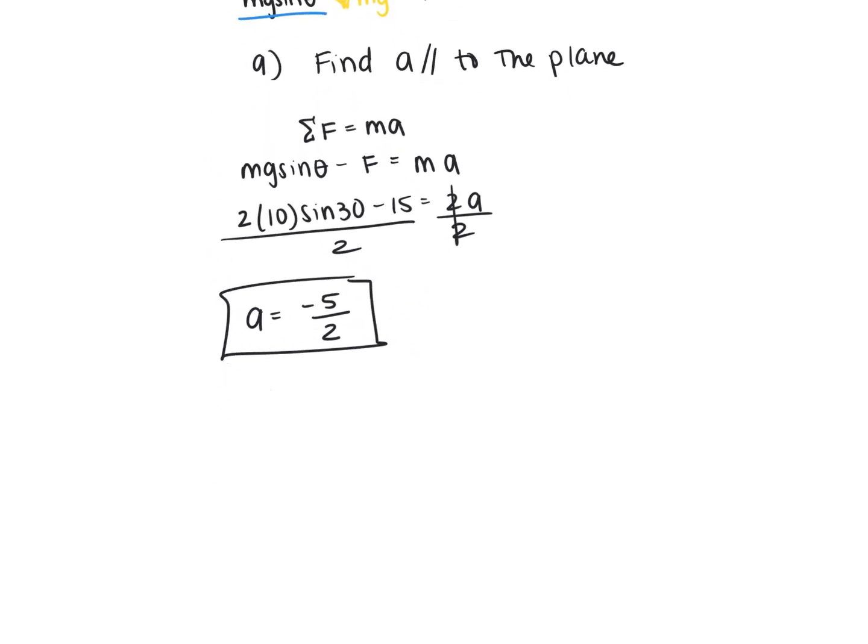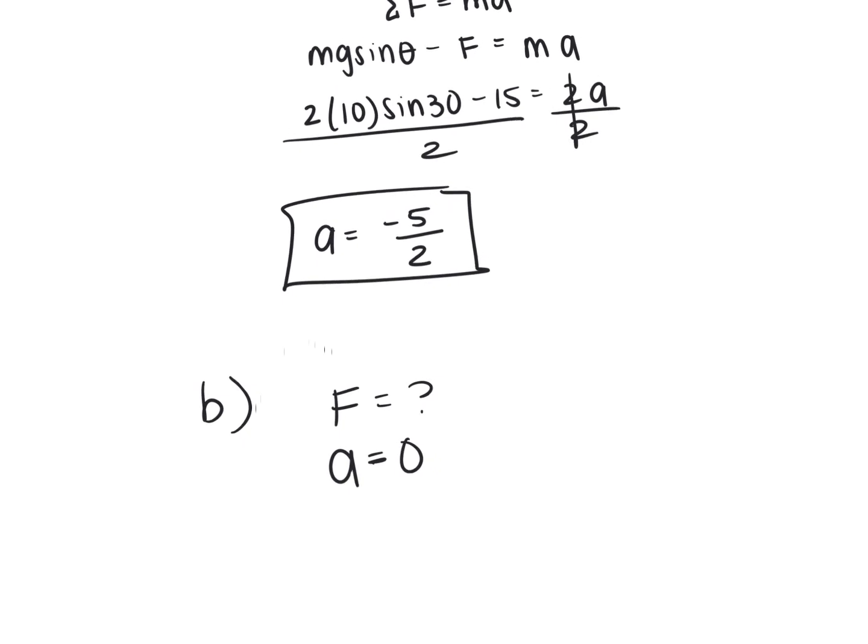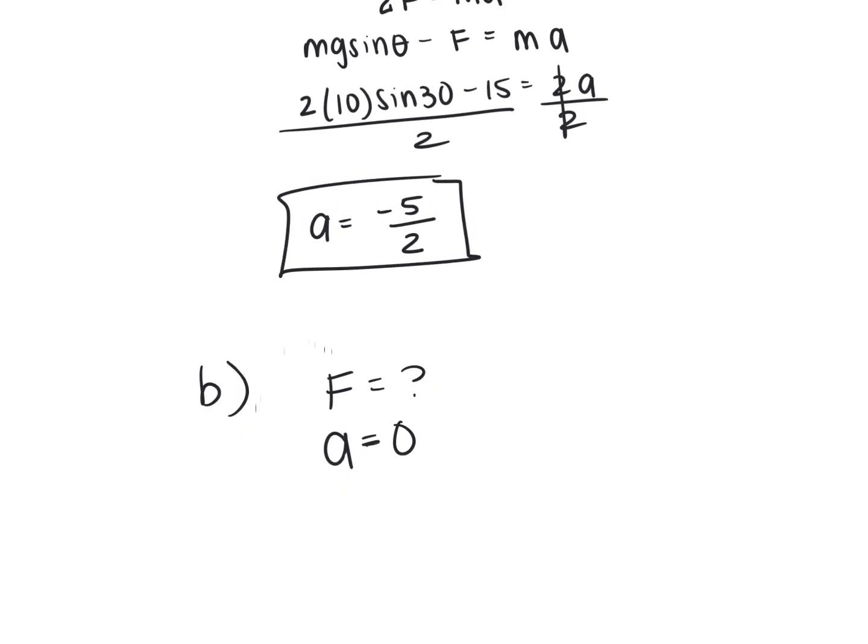Now, question B asks, what force will leave A at 0? What force will give us an acceleration of 0? In order to find this, we can use the equation that we previously had. So we know that the sum of all forces is this.